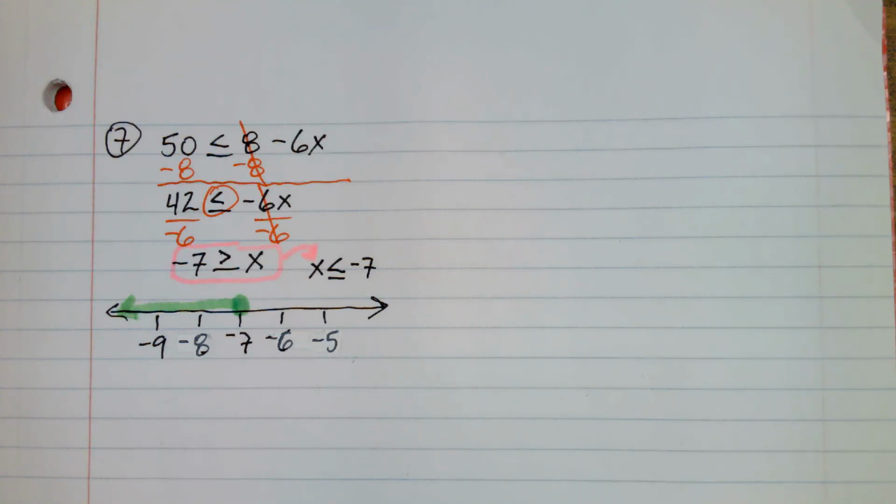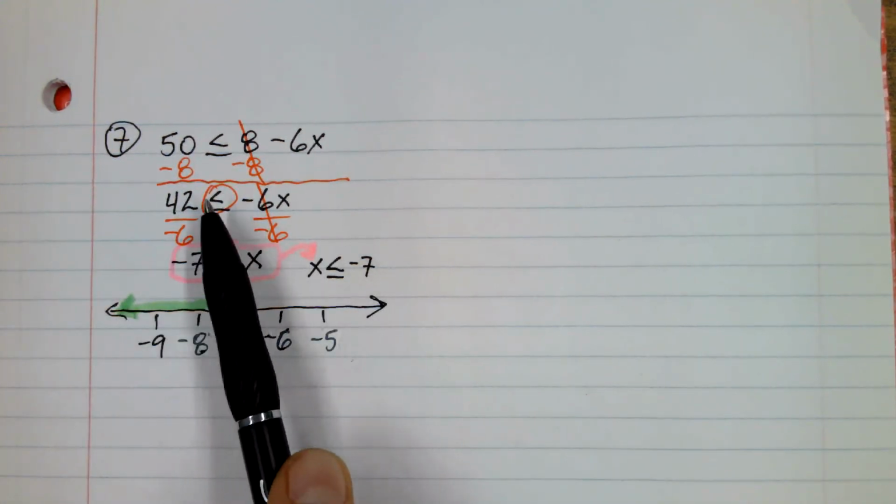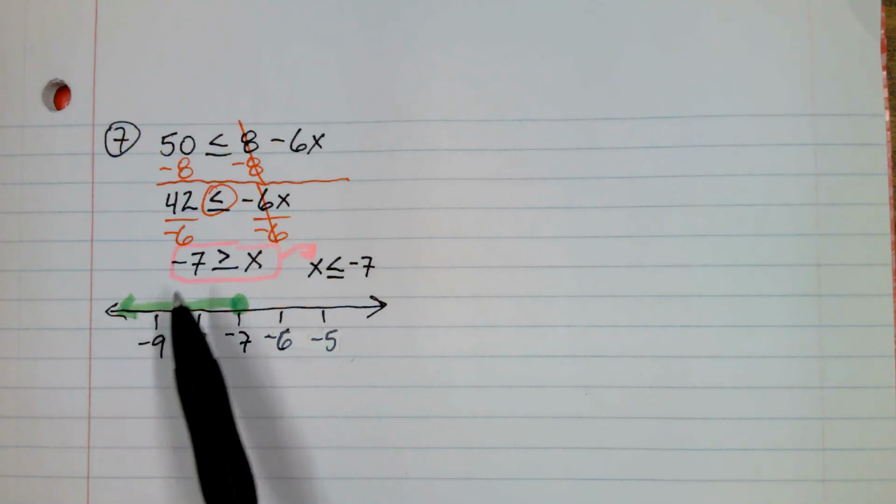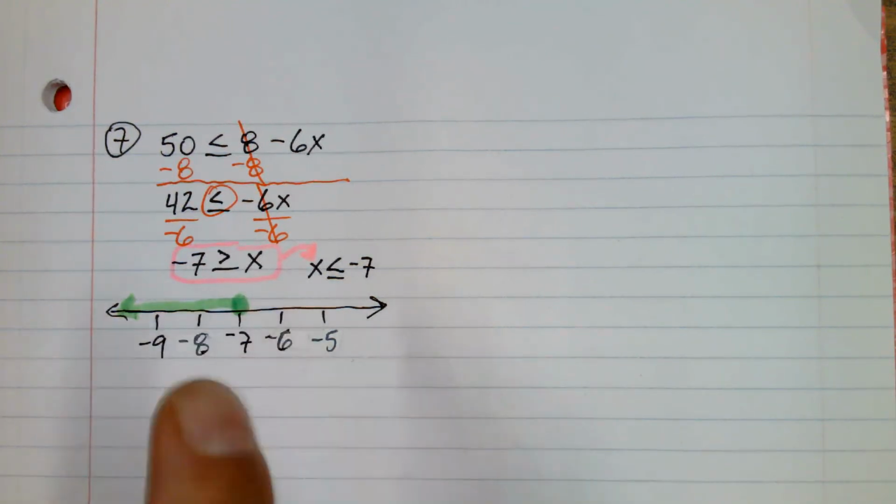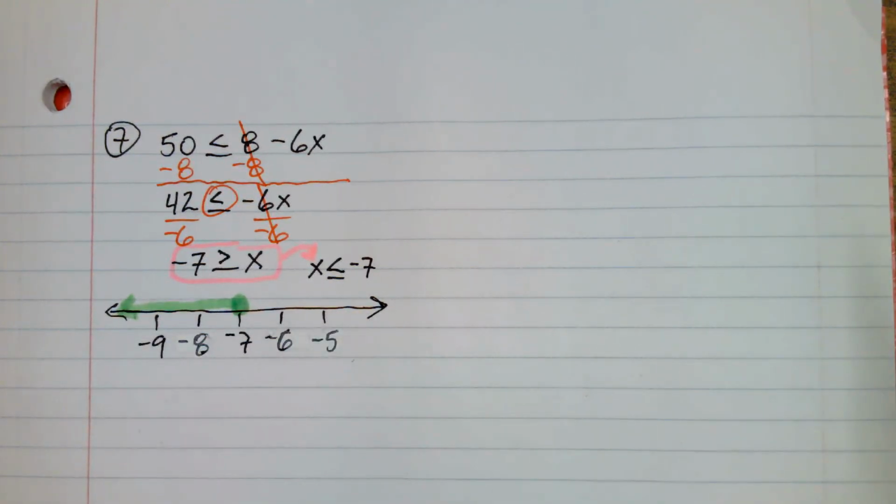Any questions? So here we had to divide by a negative, which causes us to flip the inequality symbol. And then at the end, we just turned over the whole inequality to help us graph it. We had to flip 2 times.